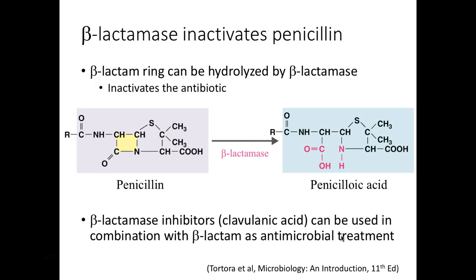I'm just going to draw the ring structure here. We can find resistance to these beta-lactams in a couple of ways. One is by mutation or change in the amino acid sequence of the penicillin binding proteins that now makes it so that penicillin can't bind to the active site, but the enzyme can still perform its function. That's one mechanism.